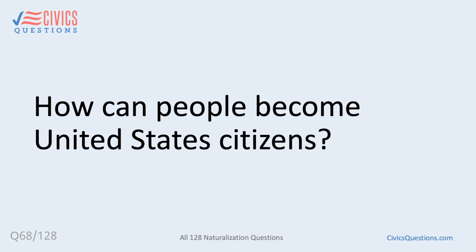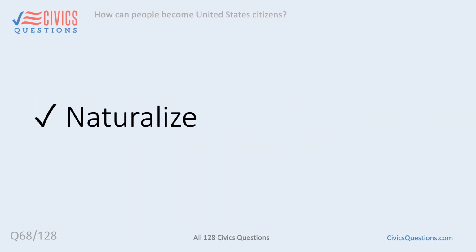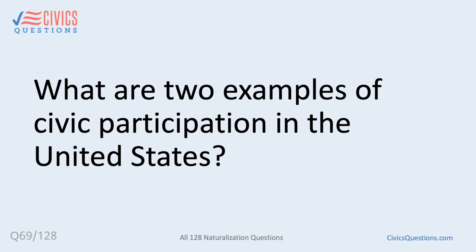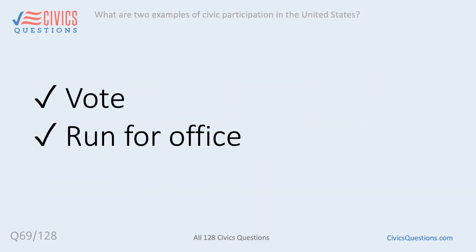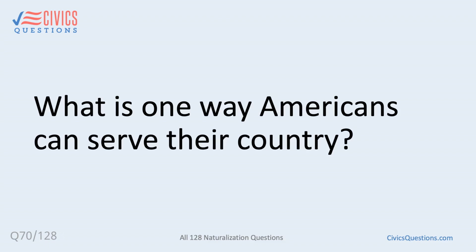How can people become United States citizens? Naturalize. What are 2 examples of civic participation in the United States? Vote. Run for office. What is one way Americans can serve their country?